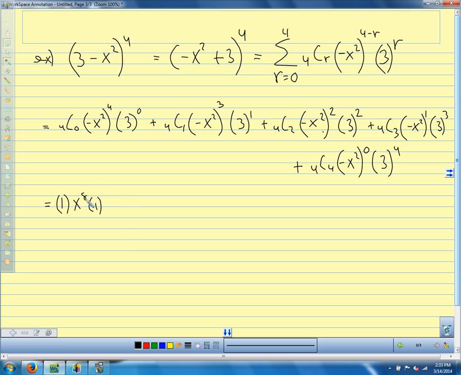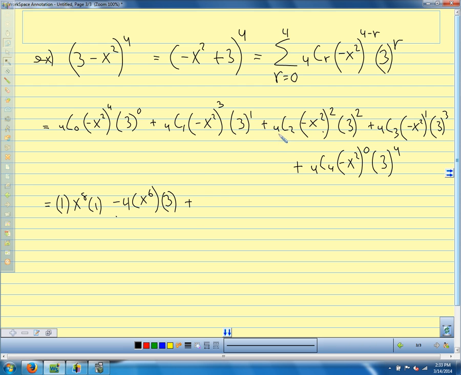Plus 4 choose 1 turns out to be 4, times (minus x squared) to the 3rd. So I get a minus sign there, x to the 6th times 3. The minus sign comes from the minus x squared to the 3rd.